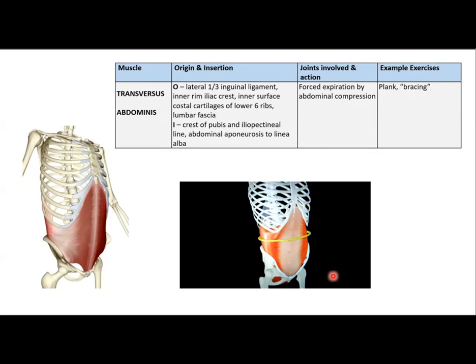When you're doing a bracing movement, or a Valsalva maneuver, a technique that bodybuilders or powerlifters use, you compress and brace your abdomen, and that is where your transverse is activated. It's not only sucking in your belly button, but drawing in the belly button and bracing together. They call it here forced expiration by abdominal compression.